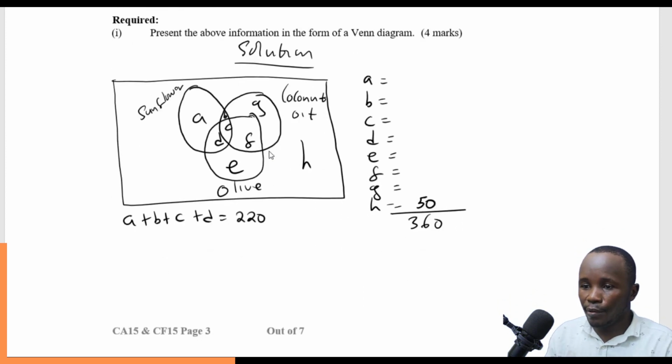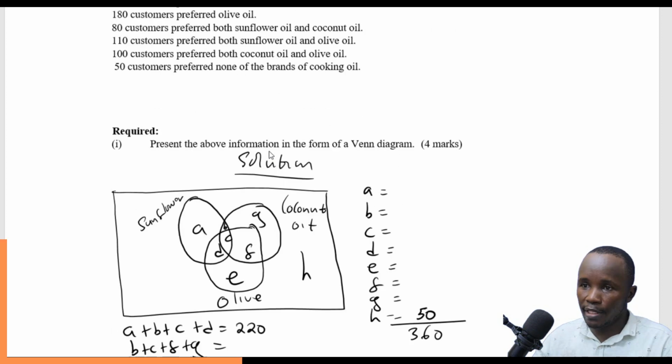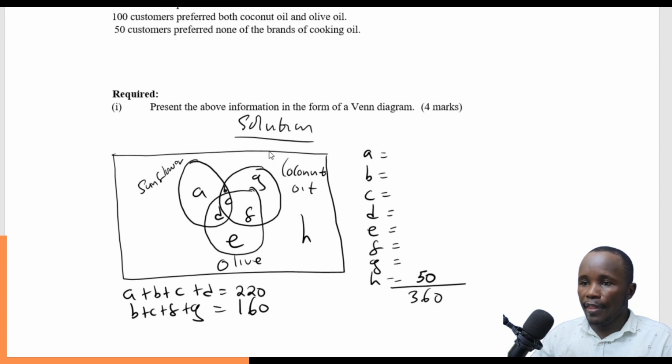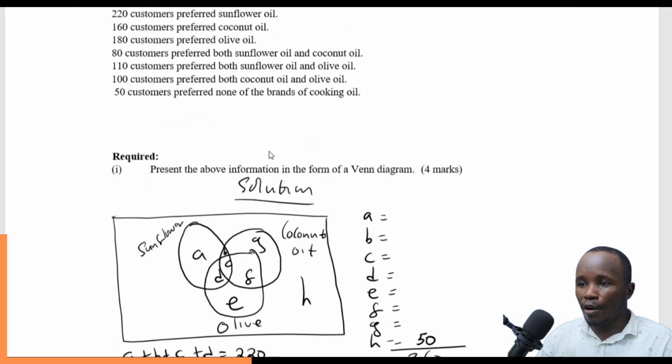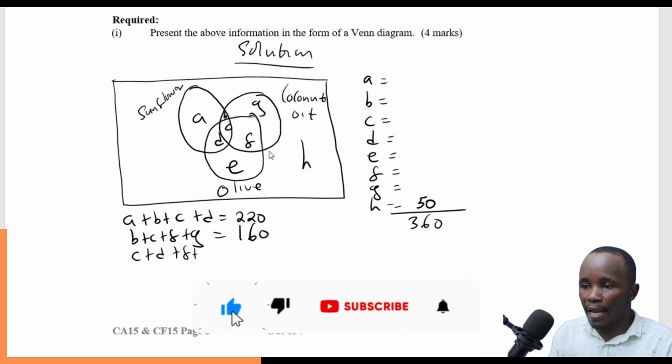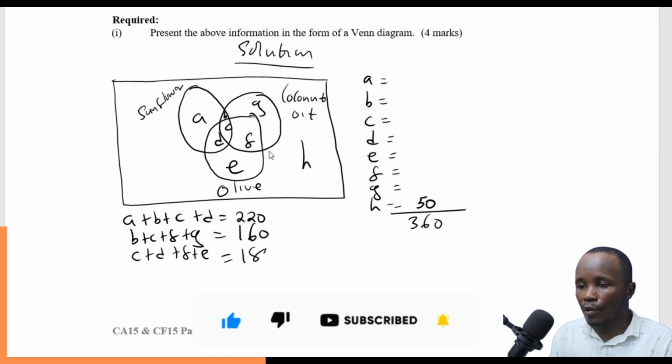Coconut oil, we shall have B plus C plus F plus G. That gives us 160. Then 180 preferred olive oil. Olive oil, we shall have C plus D plus F plus E. This should give us 180. Those are the ones who preferred olive oil.